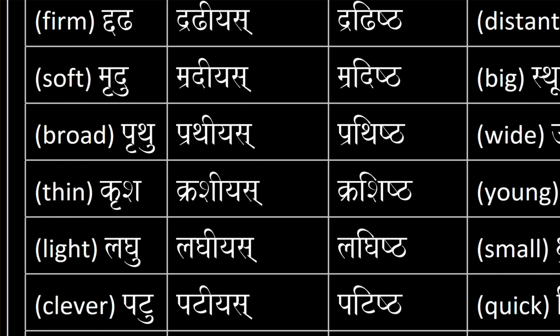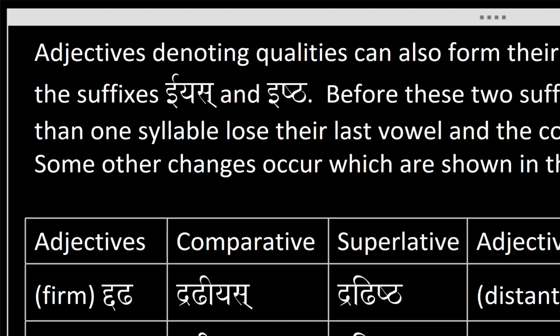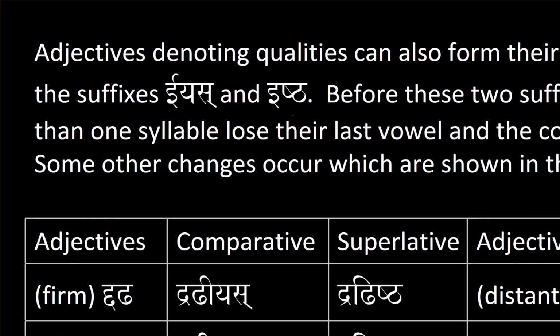Next, we have mridu for soft. So you end up with mradiyas for the comparative, because it's iyas that is added. As you can see, you're adding either iyas or ishtha.